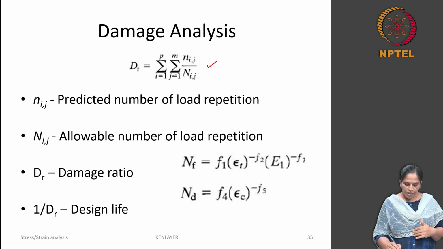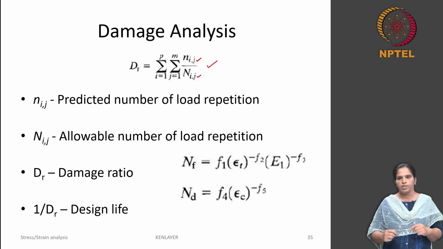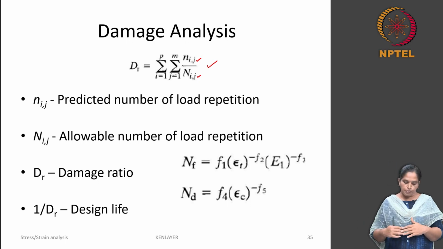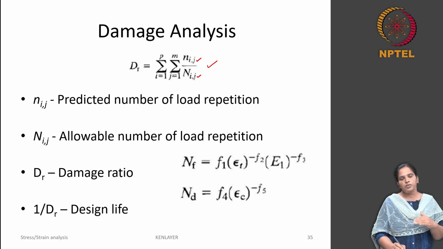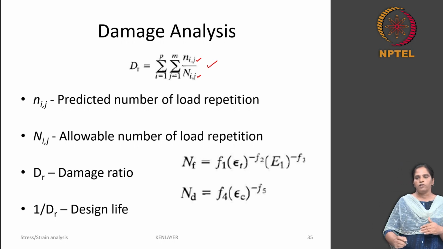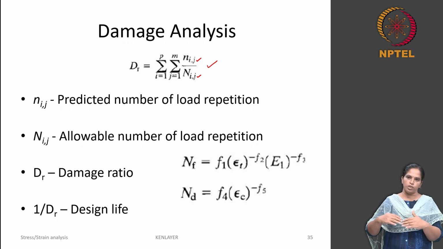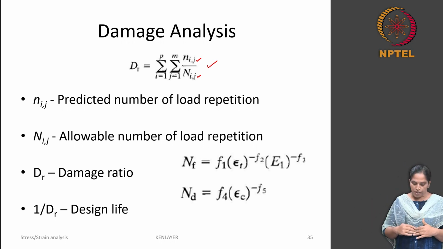Nij, in the numerator, is computed from the traffic data, and capital Nij, in the denominator, is computed from the structural capacity. The damage ratio can be computed for any given period and used to check how damage is progressing over different periods.